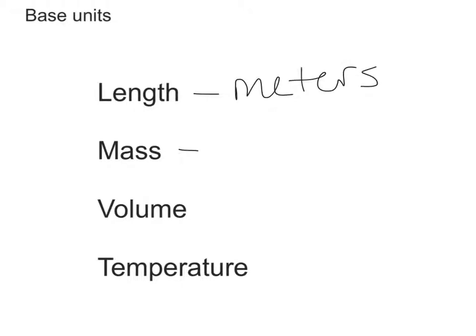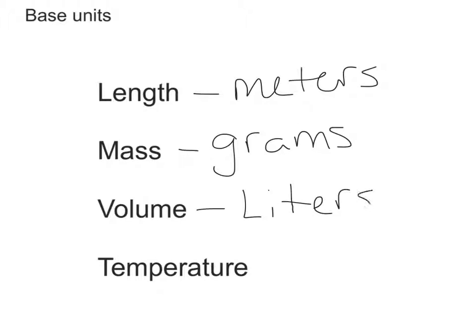When we measure mass, our base unit is grams. For volume, the base is liters. And for temperature, we have degrees Celsius. From here, if we want to change the sizes of our units, we just add prefixes to these base units.